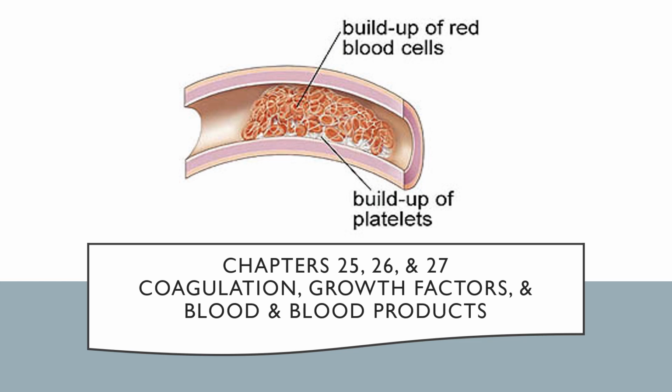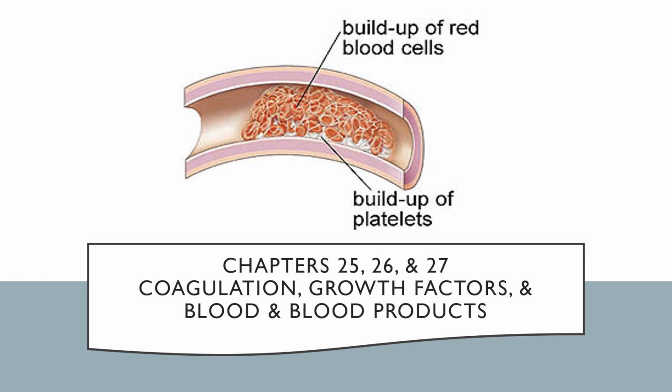The other part of the system is the coagulation system that forms a very strong clot at the damaged vessel. So when we talk about coagulation, we're talking about platelets, and we're also talking about the coagulation system that we'll come to.